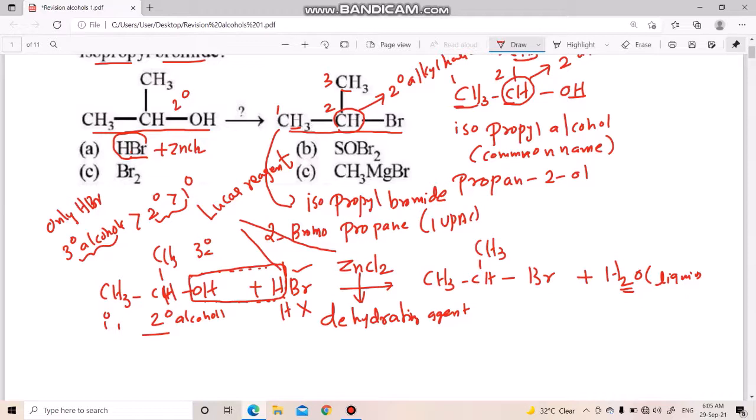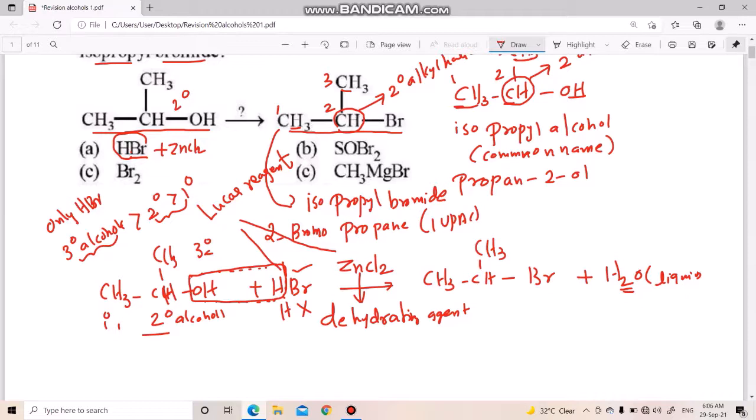HBr alone is not a good reagent for secondary alcohol. And if zinc chloride is used, there is again one more problem: the byproduct water is a liquid, so we need to remove the liquid for getting the pure alkyl halide.